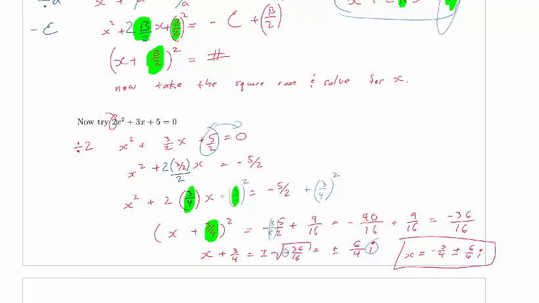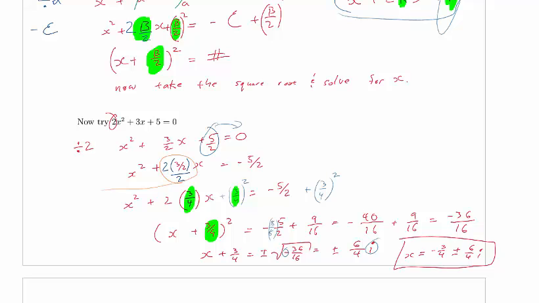Alright, so let's review the steps, shall we? Note that the first thing we did was we divided by a, which was the 2. And then the next thing we did was that we multiplied and divided the second number by 2.